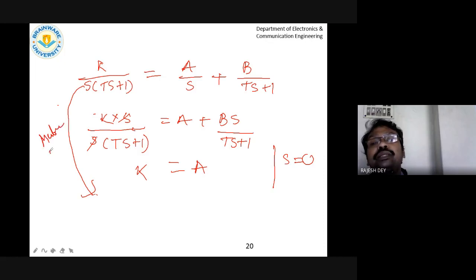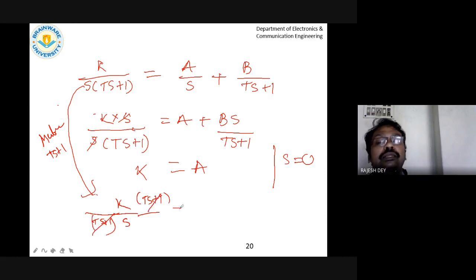K by s equals A into Ts plus 1 by s plus B.